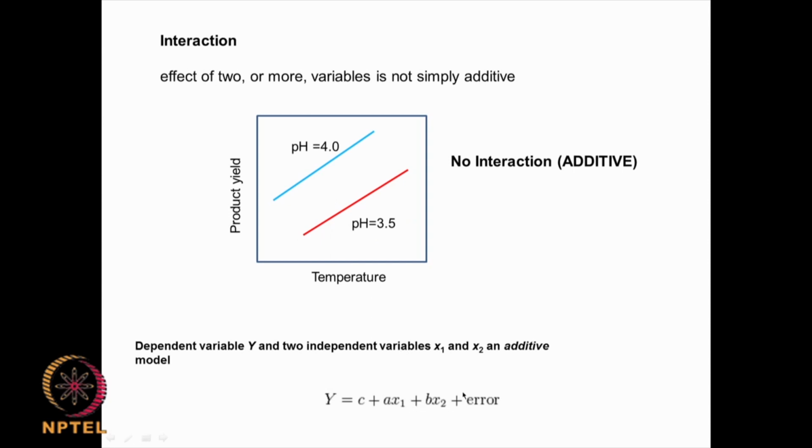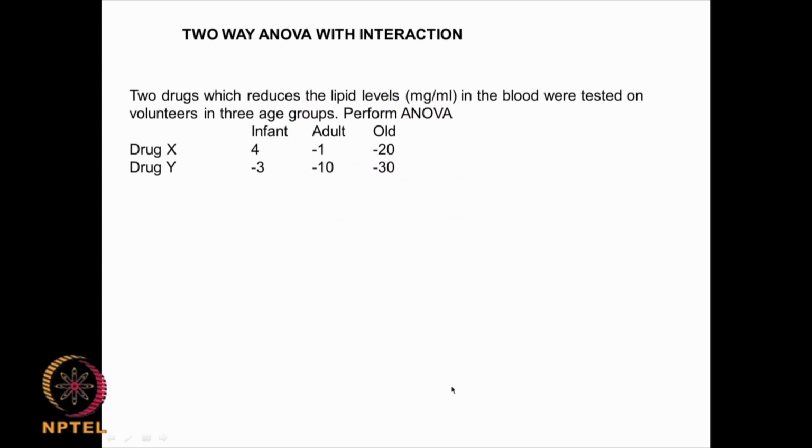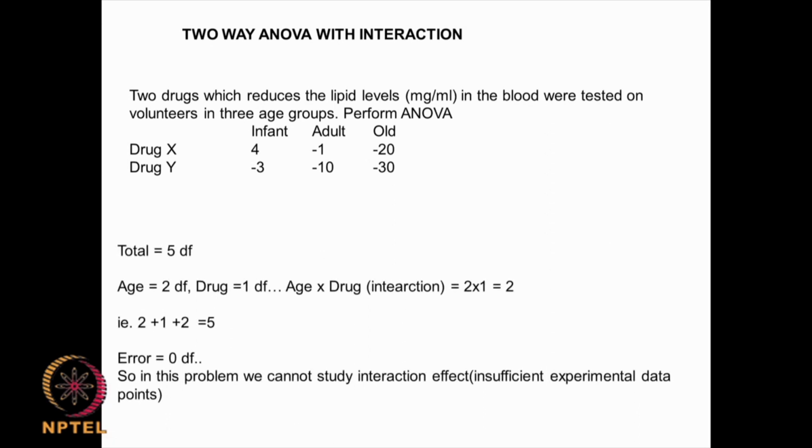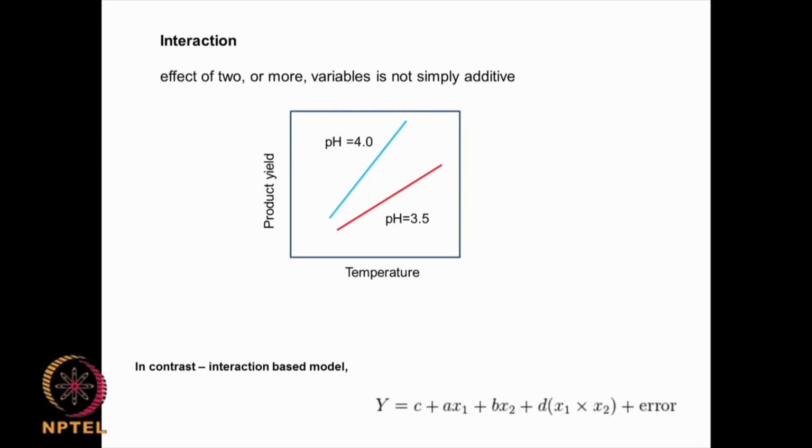And that is what is happening in your drug versus people also. If I plot the same thing, you may get the same problem. Drug X is like this on infant, adult, old; drug Y is like this on infant, adult, old. Obviously there is a difference, and we cannot really look at the interaction, but there is definitely an interaction.